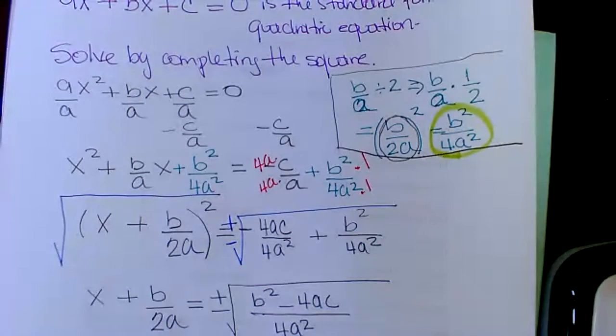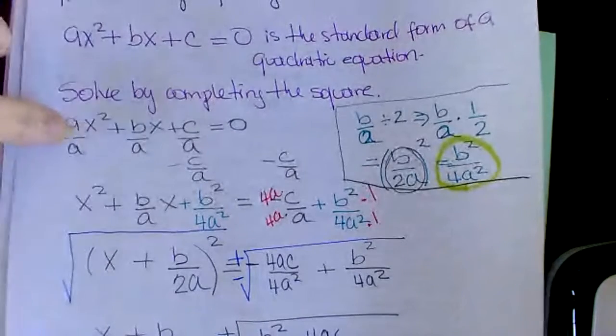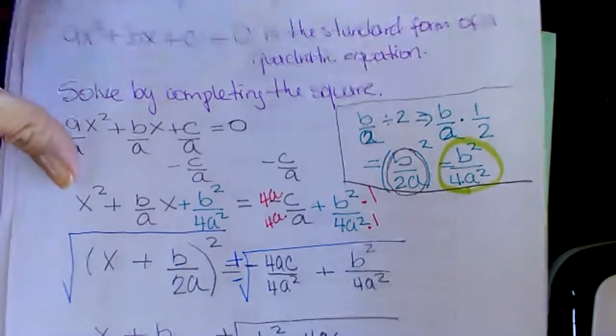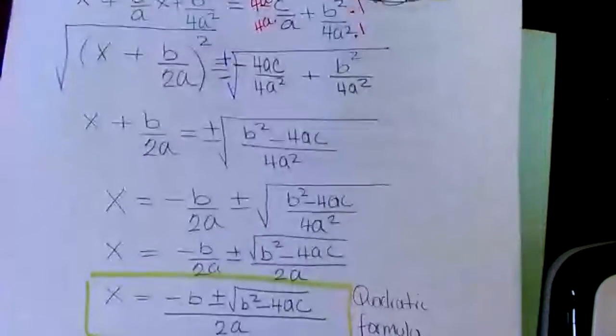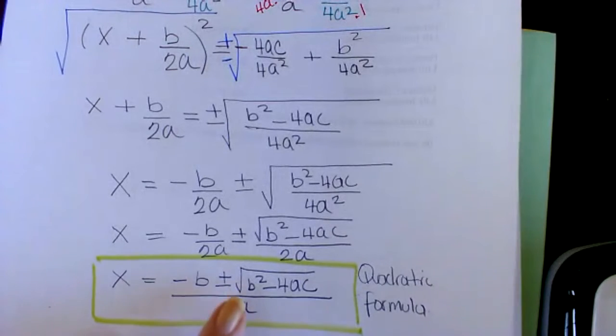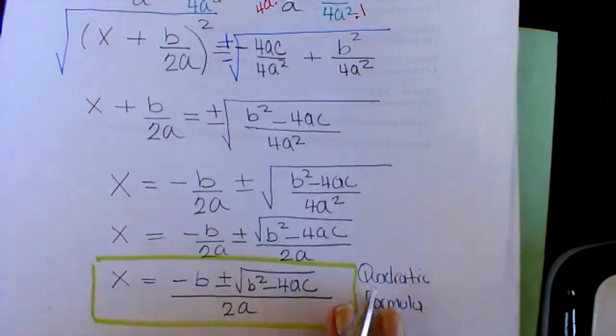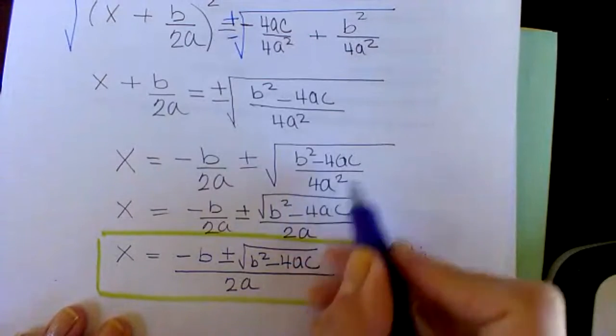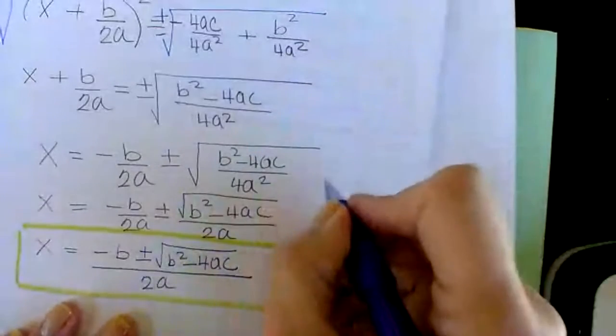That's what we did. We developed the formula by completing the square in the standard form. The denominator is 2a. 4a turned to 2a because this is inside of the square root.